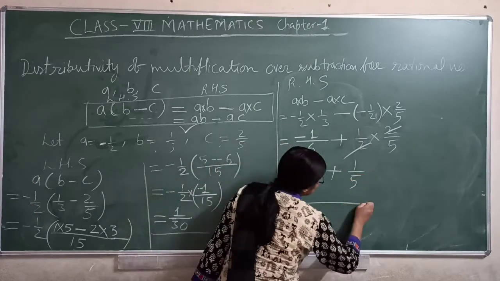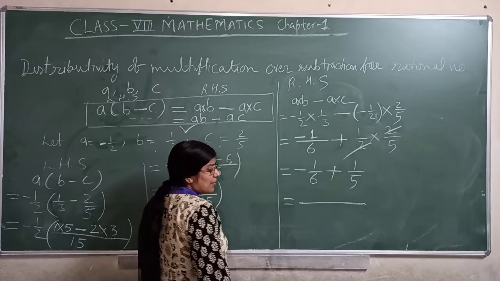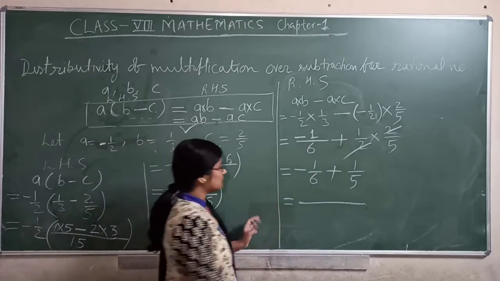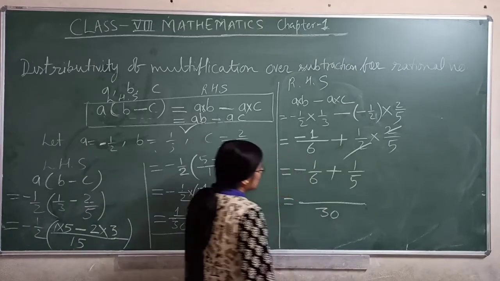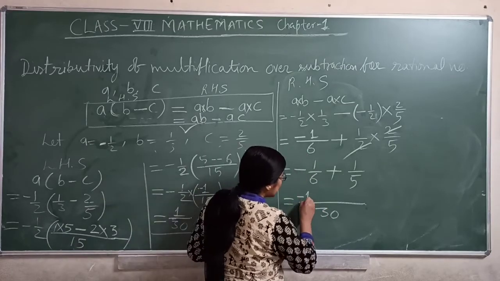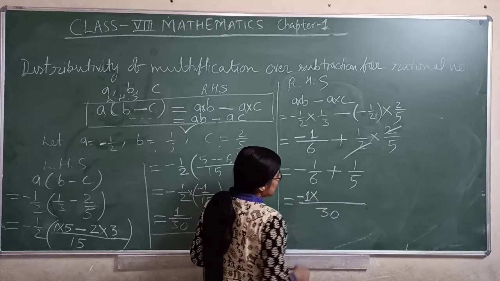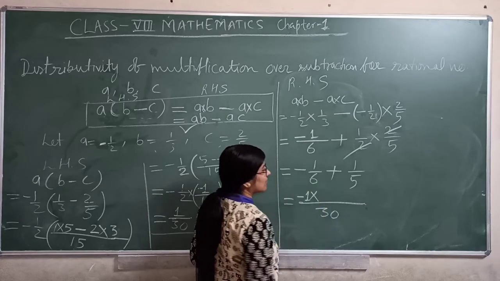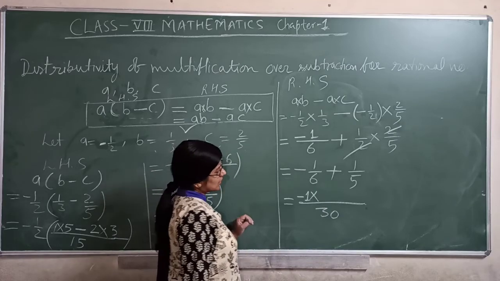Again we will take LCM. 6 and 5 are co-prime number. So you will multiply both. 6 5s are 30. Already you have minus 1 in numerator into 30 divided by 6. Whatever you will get, multiply with same numerator.